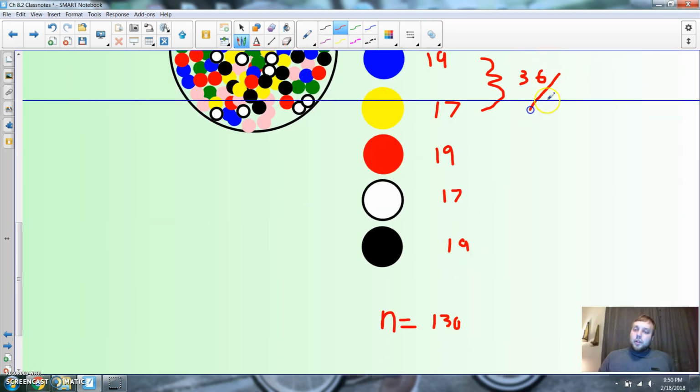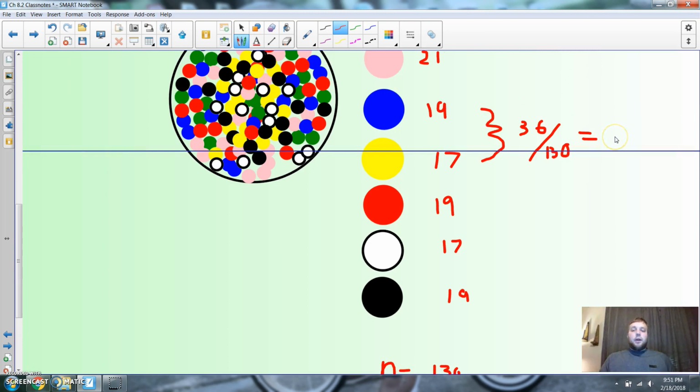So my proportion of blue and yellow is 36 out of 130. All right, we're going to start kicking this through. 36 divided by 130 is 0.2769.